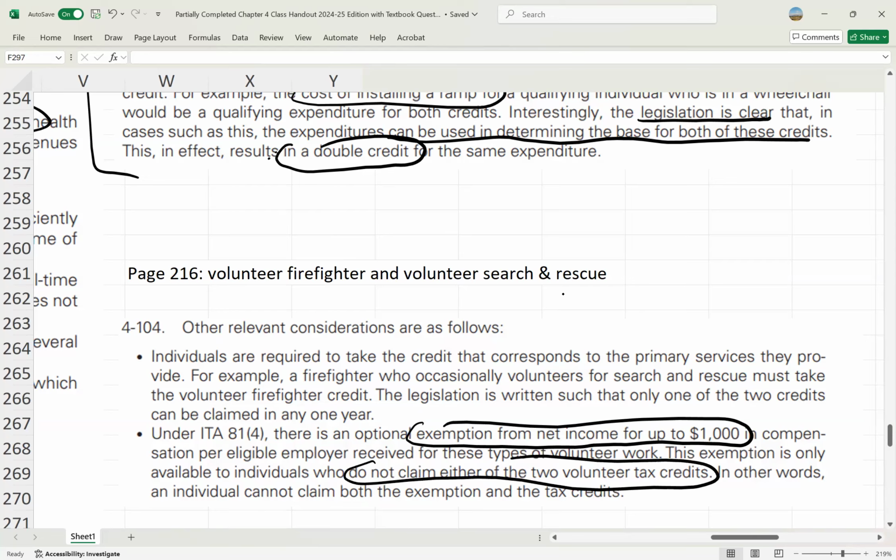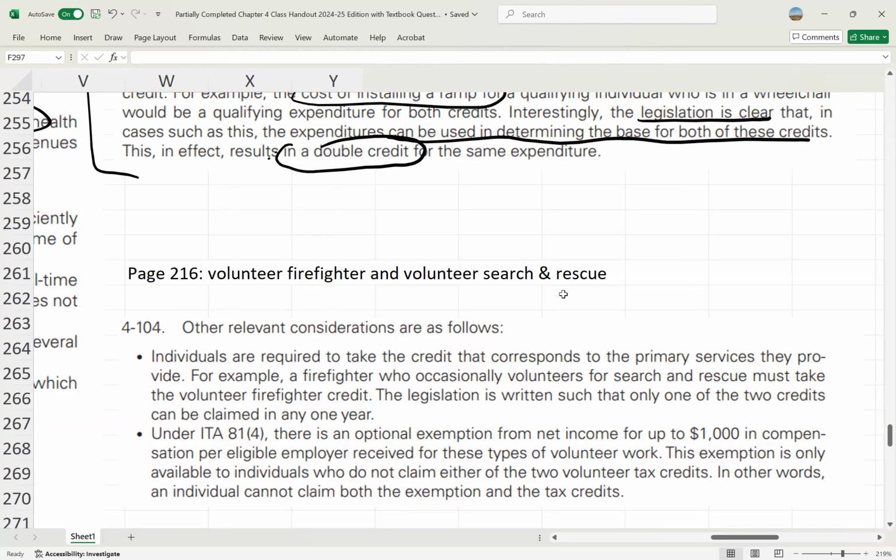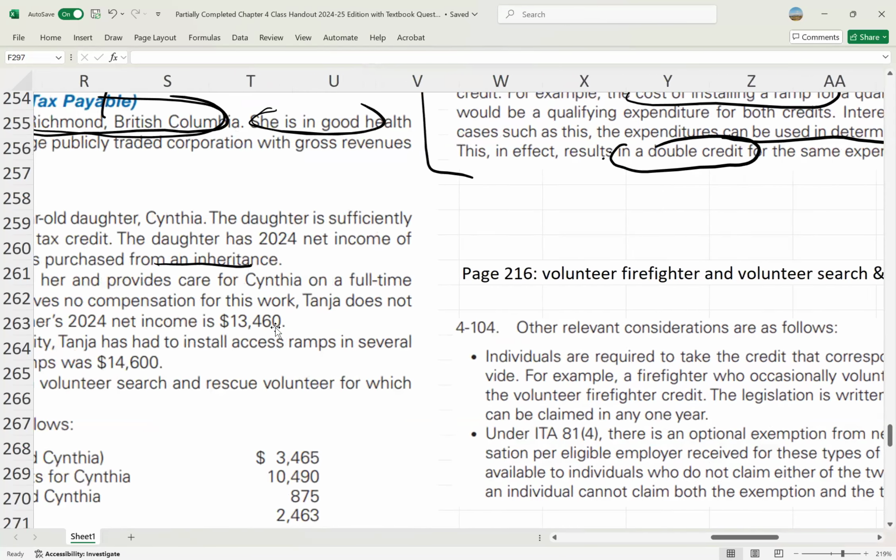So what it's saying is that you can't have the best of both worlds. If you get some sort of stipend for covering some costs, $300 or $400, then you have to include that in income if you want to claim the tax credit. If you don't want to claim the tax credit, then you can exclude up to $1,000 that you get in compensation.